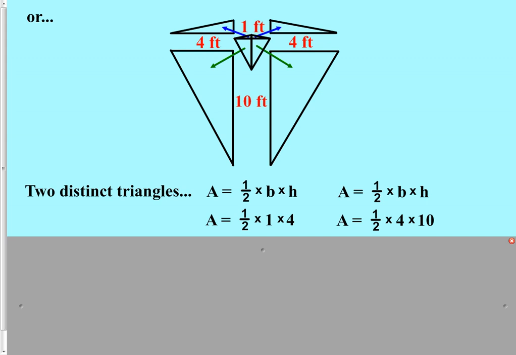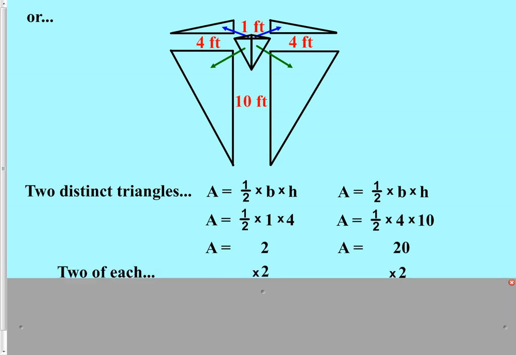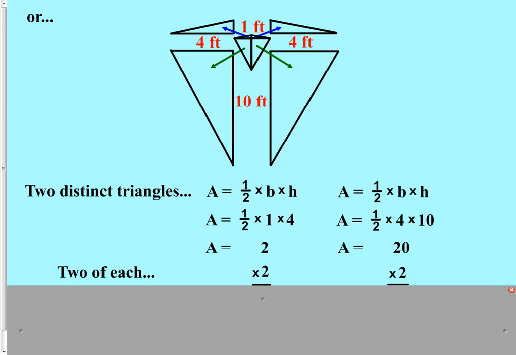On the left-hand calculation, 1 times 4 is 4, and half of that is 2. On the right-hand calculation, 4 times 10 is 40, and half of that is 20. But keep in mind that was only 2 of the triangles, and there are 2 of each of these triangles.